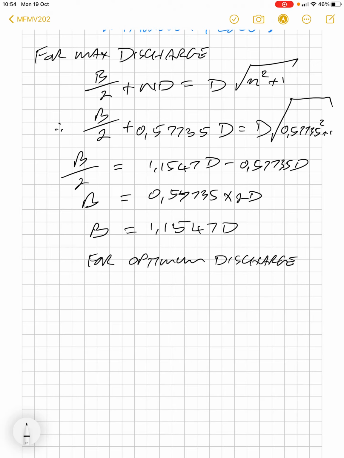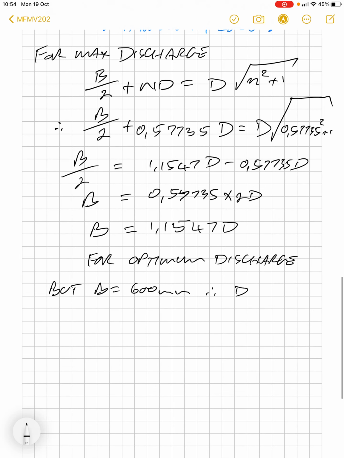Alright, so what we've calculated now is for this particular channel, for maximum discharge, optimum discharge, B must be equal to 1.1547D. B is equal to 600 millimeters. Therefore, D must be 600 over 1.1547, which is equal to 519.615.